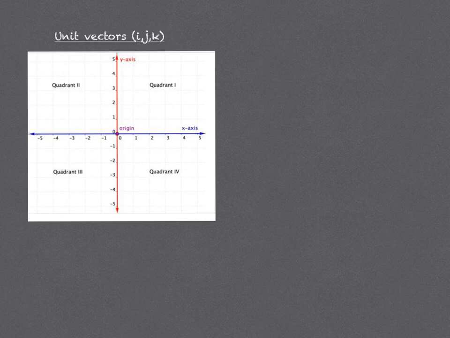Now, what happens when we have to add these vectors together? All right. Vector A is going to be 3i minus 2j. Vector B is going to be -1i minus 2j.